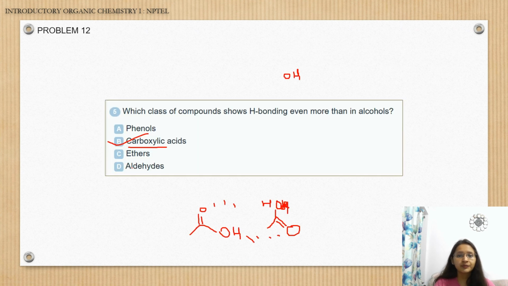Now this OH bond is more polarized, which very readily shows the hydrogen bonding, because after removal of this proton, this oxygen ion is delocalized with this carbon. That is why it very readily shows stronger hydrogen bonding than alcohols.